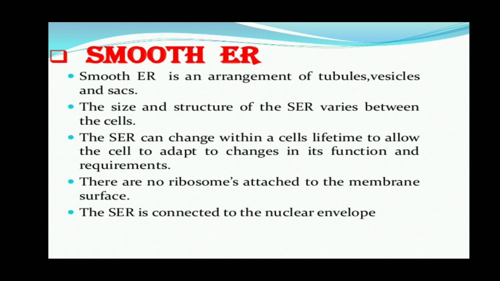This smooth endoplasmic reticulum is an arrangement of tubules, vesicles and sacs. The size and the structure of this SER varies between cells. SER can change within the cell's lifetime to allow the cell to adapt to changes in its functions and requirements, right? These do not have ribosomes on their membranes. This SER is connected to the nuclear envelope.